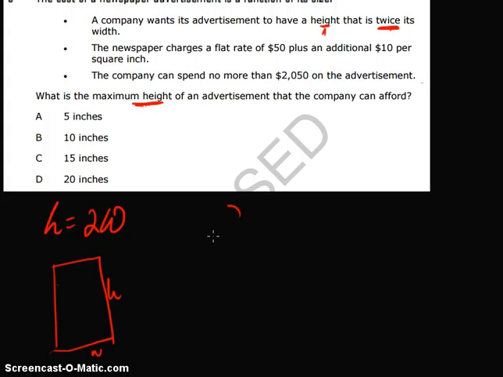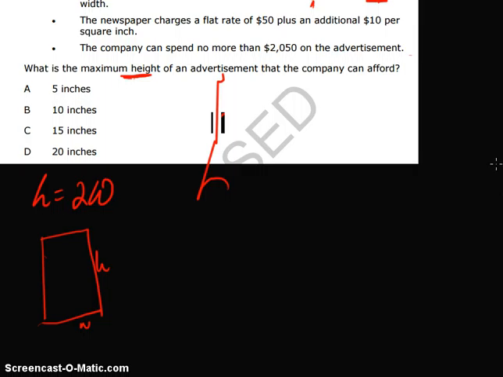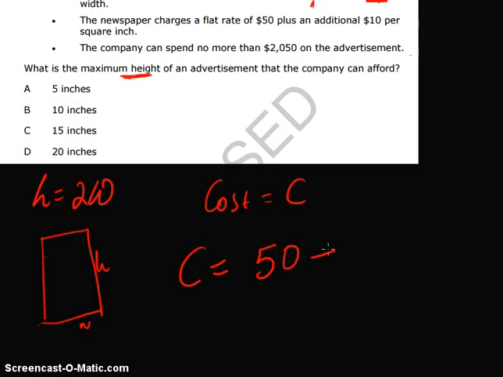We know the cost, let's call it C, is given by $50 plus $10 per square inch.